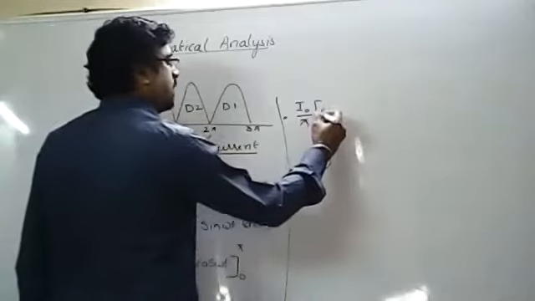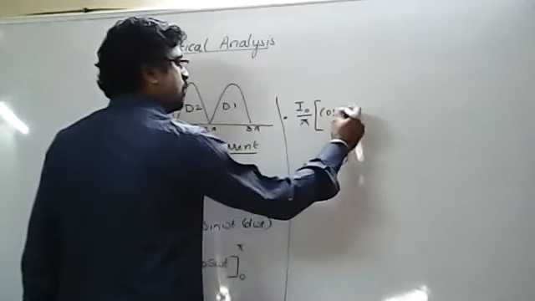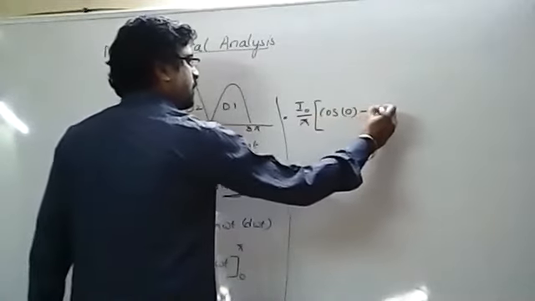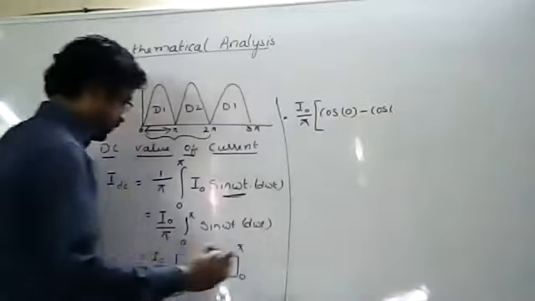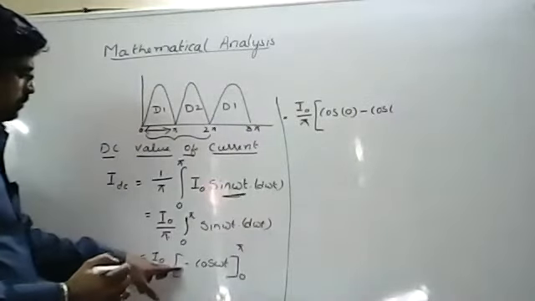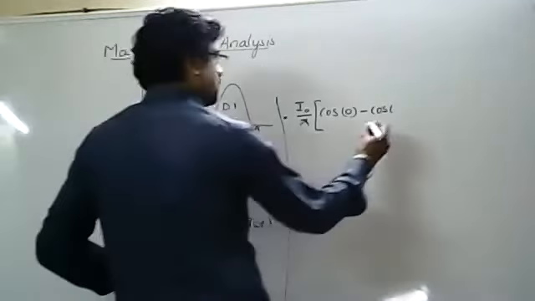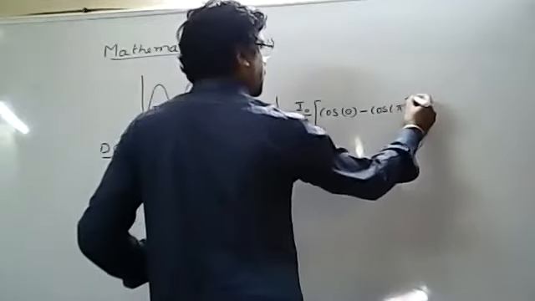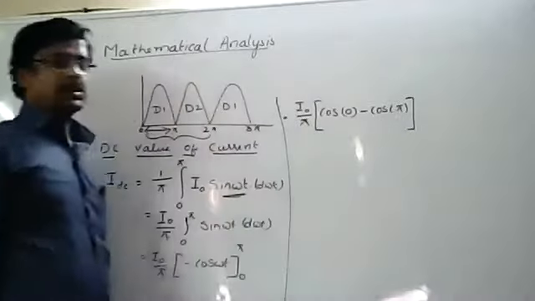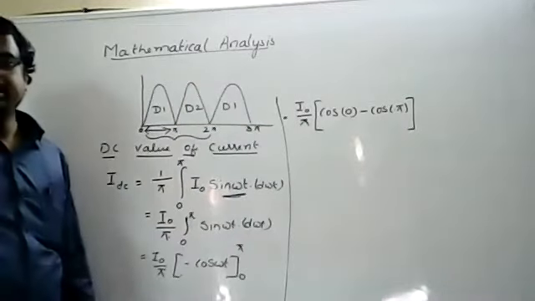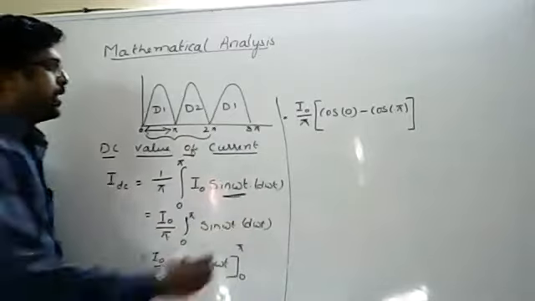So what is the lower limit? I naught by pi into cos 0 minus cos pi.